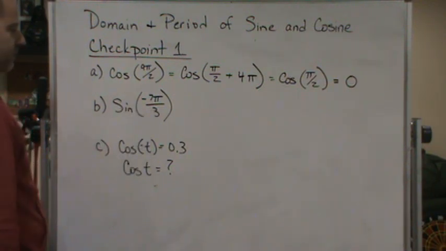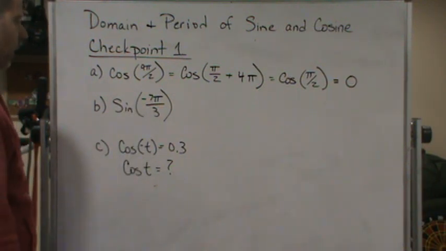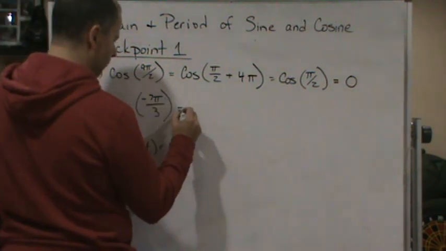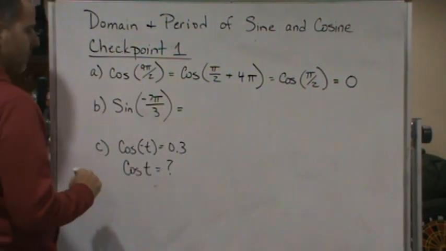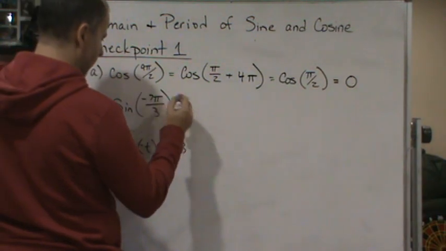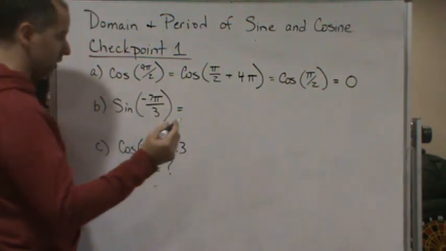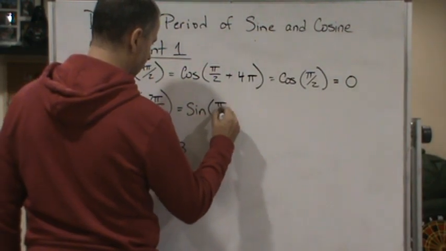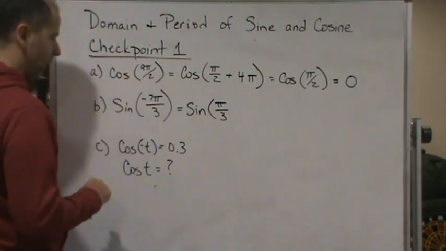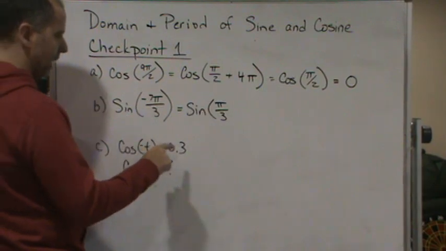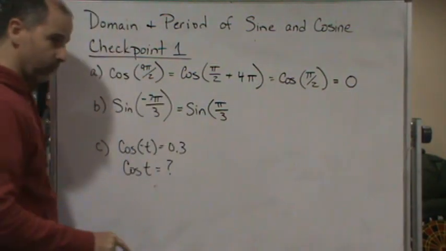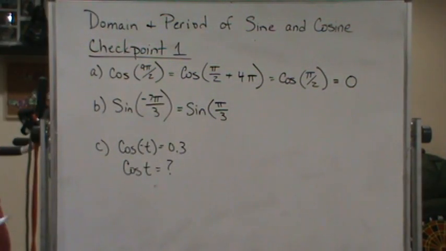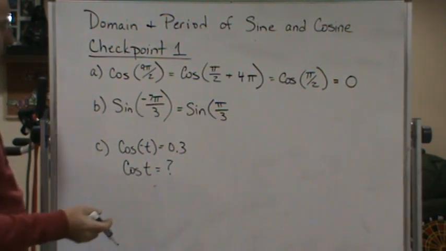Sine of negative 7 pi over 3. Okay, so in this one here, if I peel off pi over 3, because I'd like to do pi over 3, so let's do sine of pi over 3. In order to get the 7 pi over 3, I'd have to subtract off 8 pi over 3, but be careful because 8 pi over 3 is not a multiple of 2 pi, so that's not going to work.